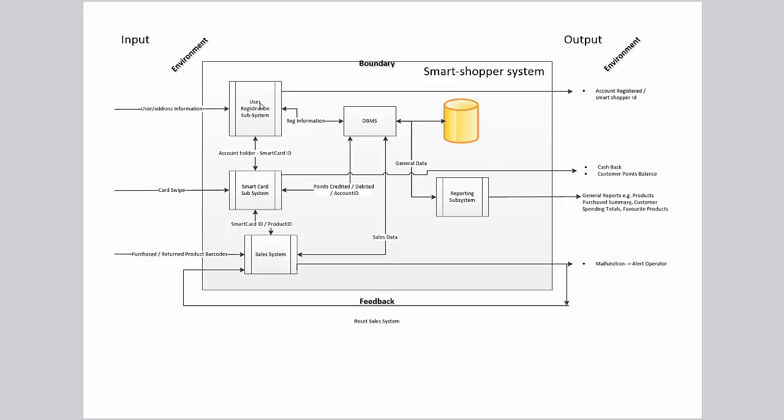Subsystems then are related to one another. If you remember, going back to the definition, a system must consist of subsystems which interact with one another, and all of these subsystems must be indirectly or directly connected to one another.